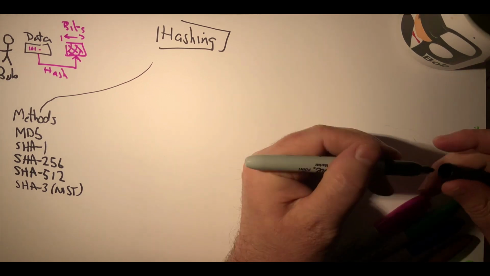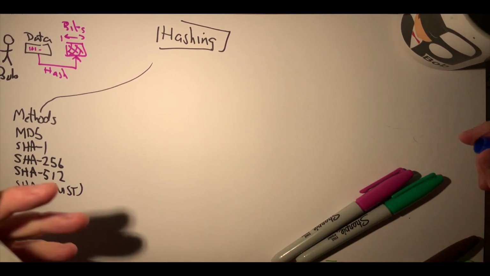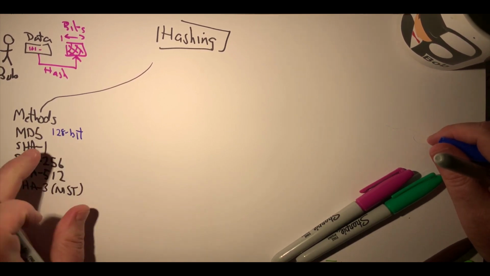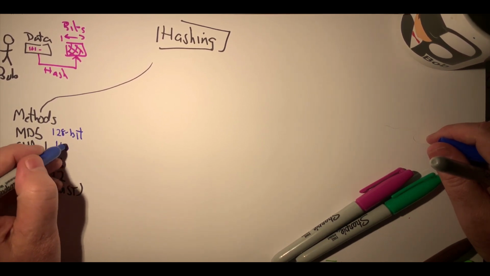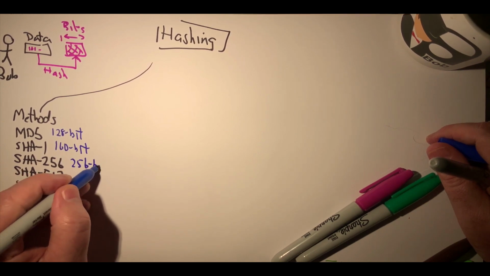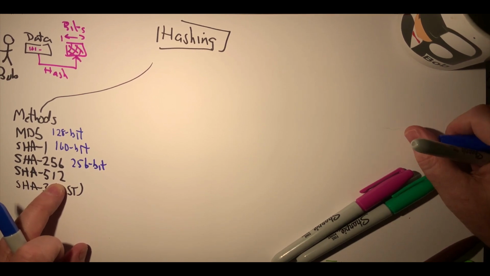For each of these methods, we have a hash of a certain length. This gives us a hash of 128 bits. This gives us a hash of 160 bits. And this is 256 bits, and so on. Here we have 512 bits in case we need an extremely long hash.